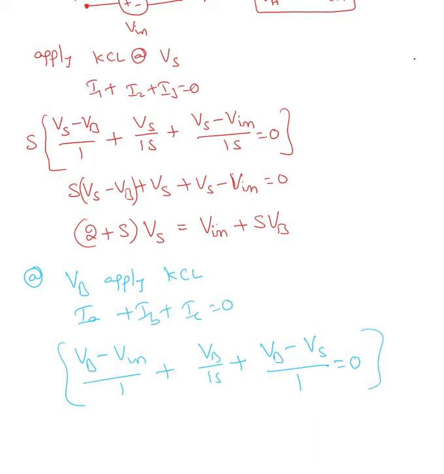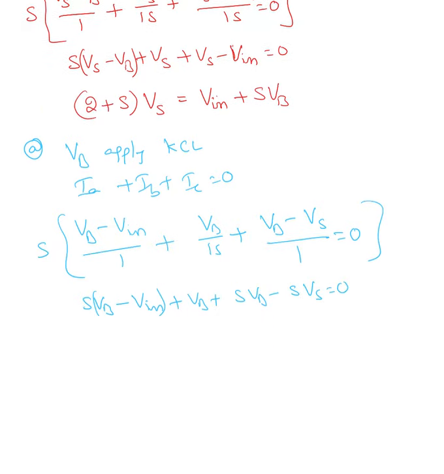Now I'm going to multiply this with s, so it's going to be s times Vb minus Vn, plus Vb, plus s times Vb minus s times Vs, equal to 0.